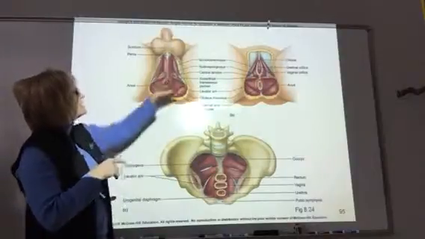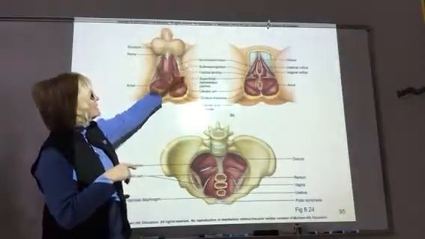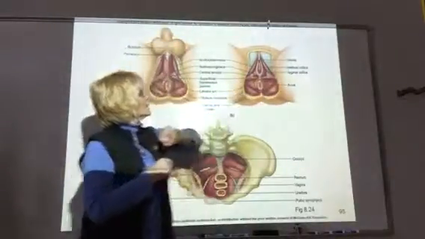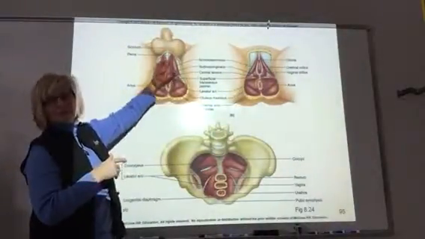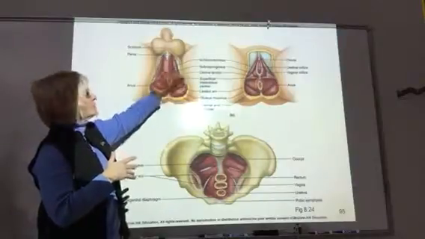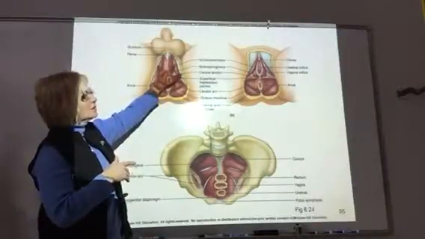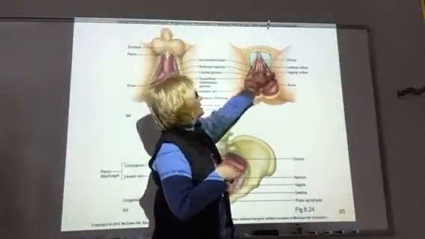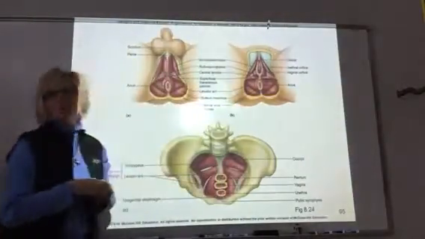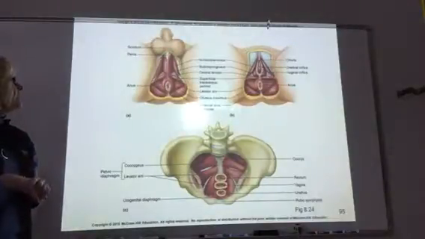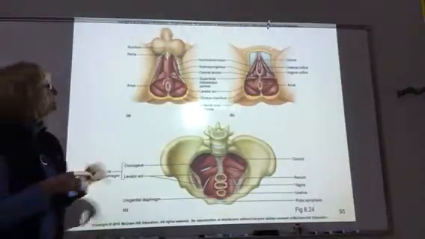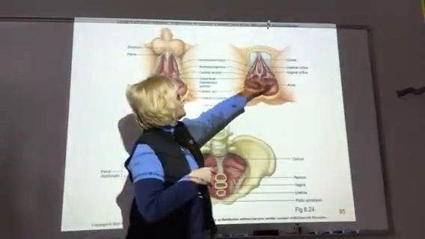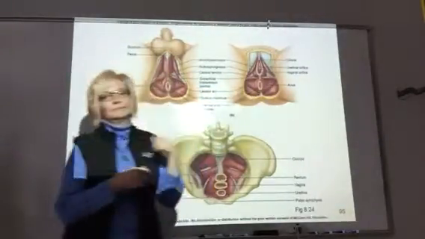The other ones, the ischiocavernosus, notice the same shape for both. A male is going to have a penis, so the ischiocavernosus is actually going to be larger in a male. And in a female, it basically just covers or surrounds the vaginal opening. And then bulbospongiosus, kind of the same. It's found right here on a male and right here on the female.